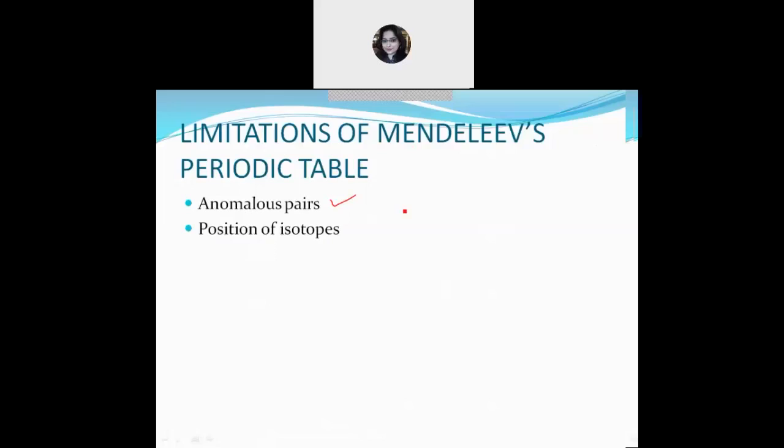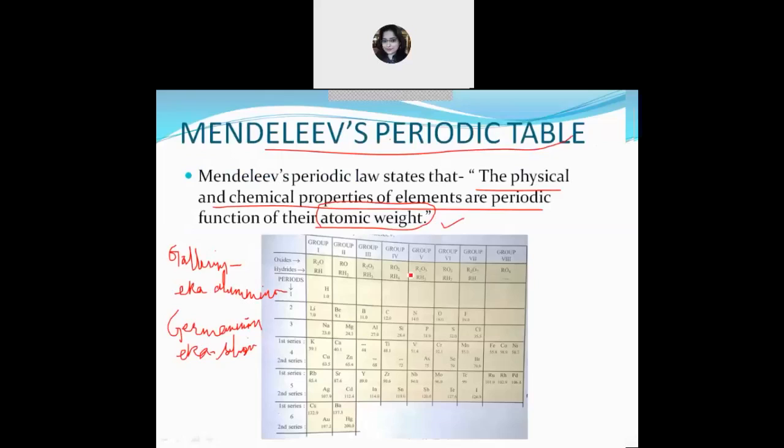These elements have higher atomic masses, and they have been assigned positions before the elements having lower atomic masses at 4 places. For example, argon is placed before potassium, and cobalt and nickel you can see here.